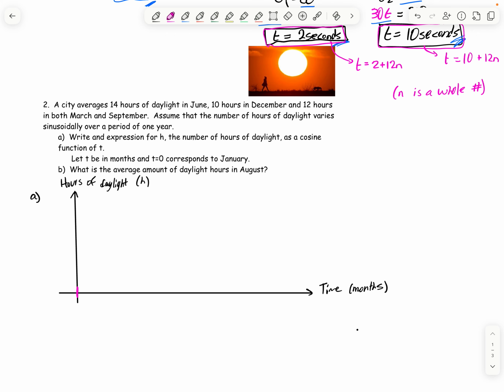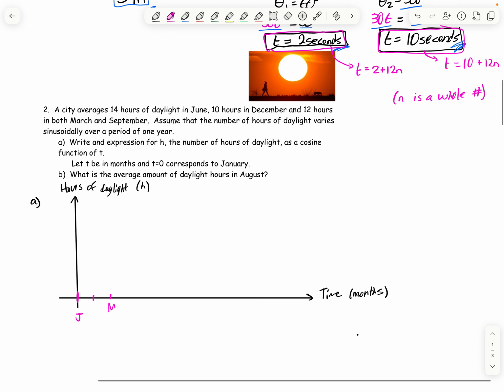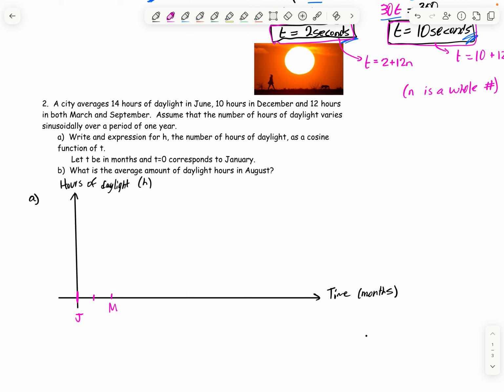Okay. So let me label the months. We start at time 0, that's January. And then I have February, March. It's interesting I'm doing it this way because I know the period is 1 year. There's 12 months in a year.